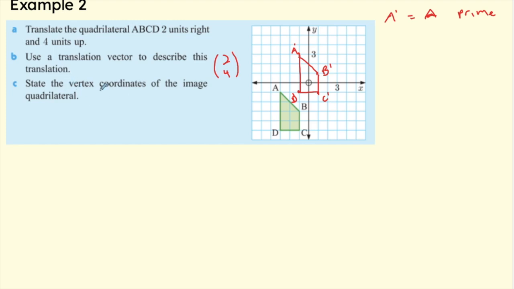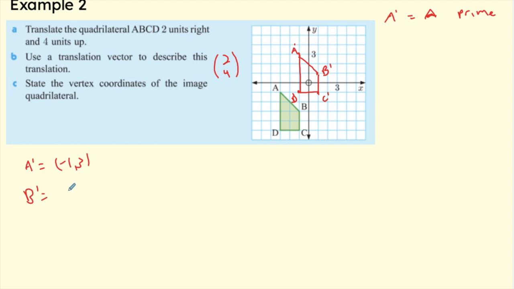State the vertex coordinates of the image quadrilateral. So, state the vertex coordinates of the image quadrilateral, meaning what are the new ones? So, we have A prime equals, if we assume these are counted by 1, negative 1, 3.